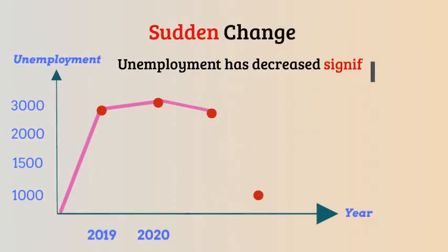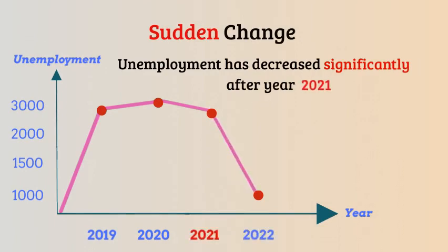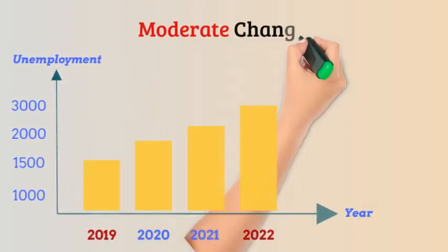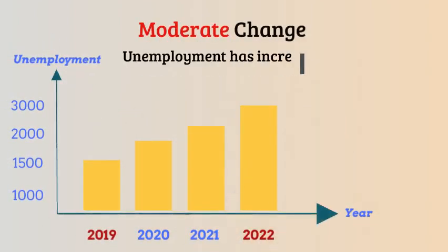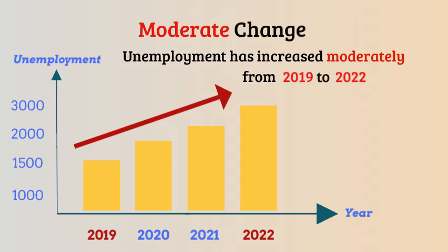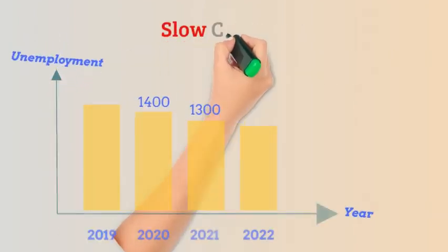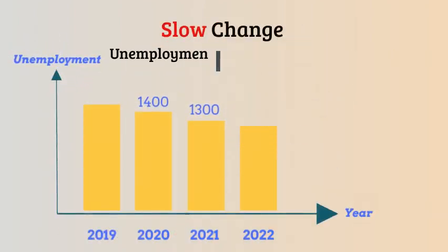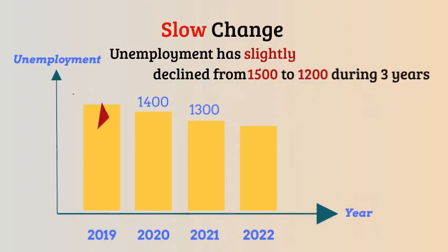Unemployment has decreased significantly after year 2021. Moderate change. Unemployment has increased moderately from 2019 to 2022. Slow change. Unemployment has slightly declined from 1,500 to 1,200 during 3 years.